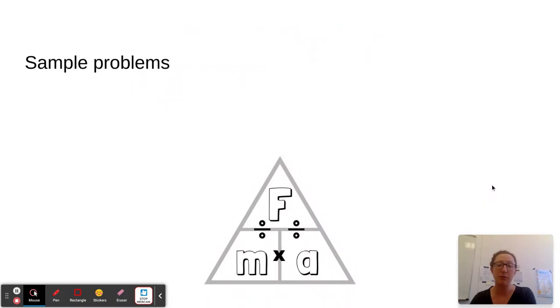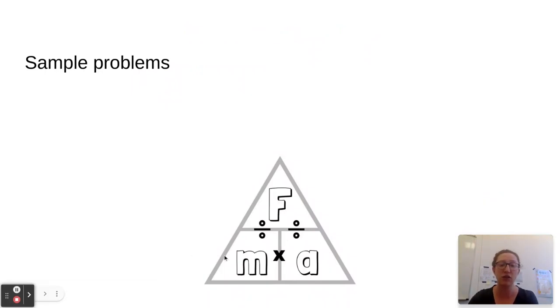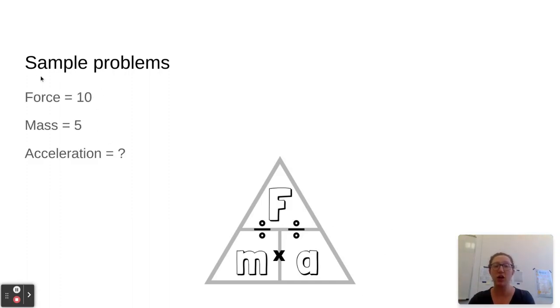So I have a few sample problems, and I'll teach you how to use this triangle. What I like to do is I put my finger over the particular variable that I want to find. So in this first sample problem, I know that the object has a force pushing on it of 10 newtons. The mass of the object is 5 kilograms, and I want to find out the acceleration.